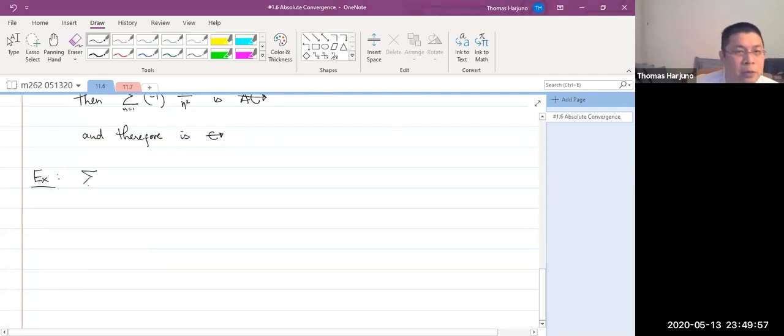For example, the one I see in our textbook is cosine n over n squared.